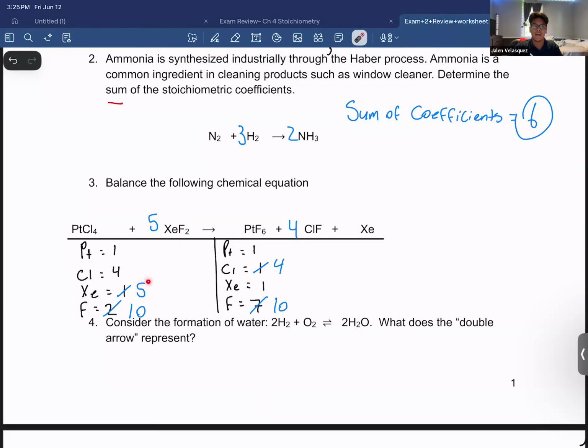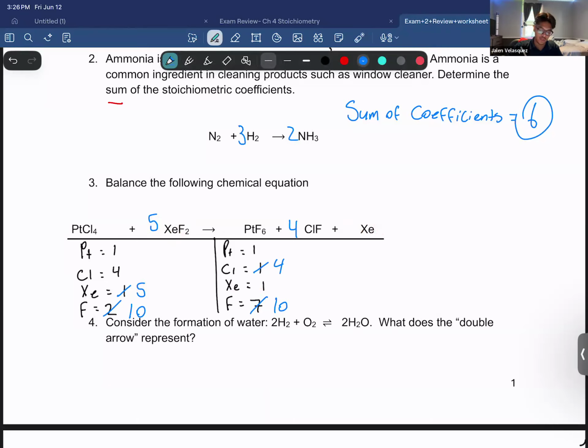Now I have 5 on my left side. On my right side, I have 1. Luckily, though, xenon is all by itself here, right? So just a coefficient of 5 will do the job. Okay, and now we have a balanced equation. Okay, any questions with 3 there?